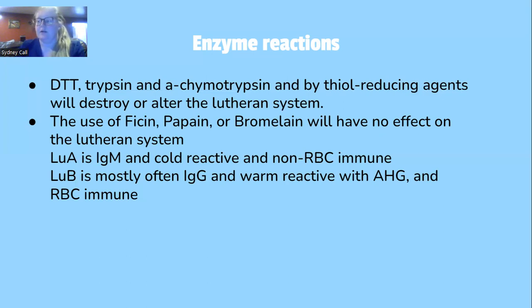And then the LUB will react with all cells but screening cells. Or my bad, backtrack: they'll react with all cells except for the autocontrol, because 99% of the cells express LUB antigen, and the reactions are typically weaker with the dosage effect.